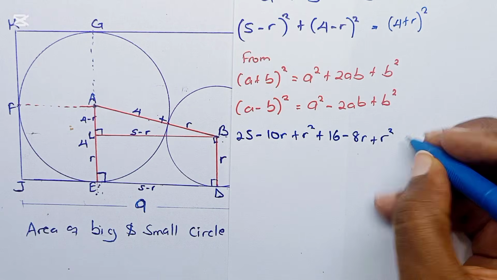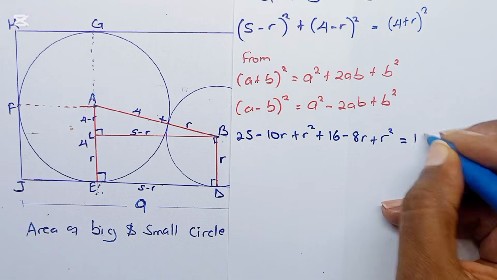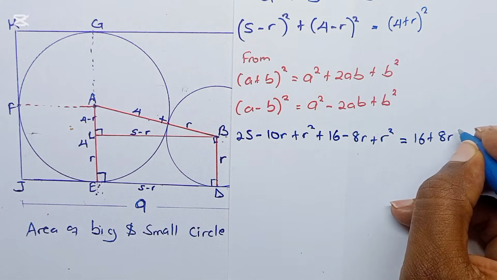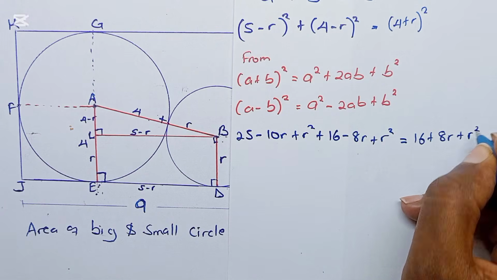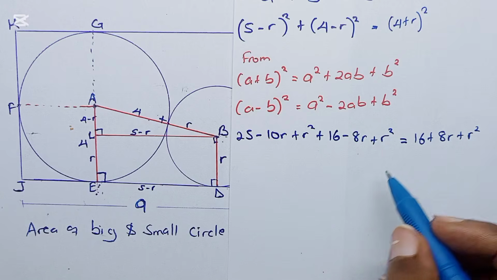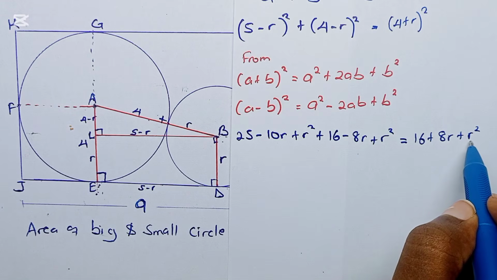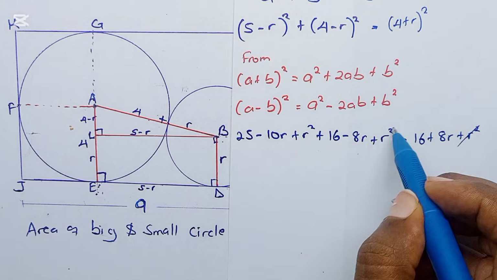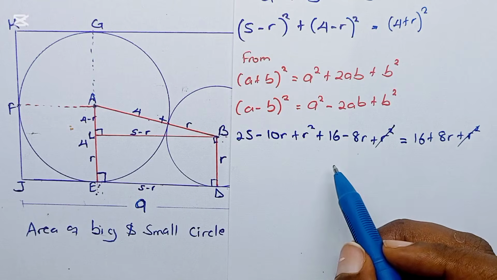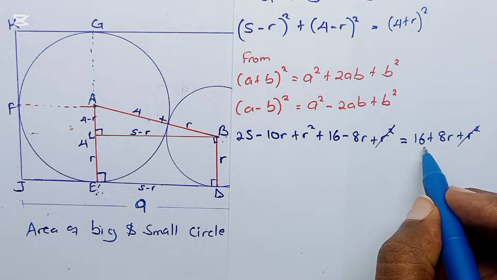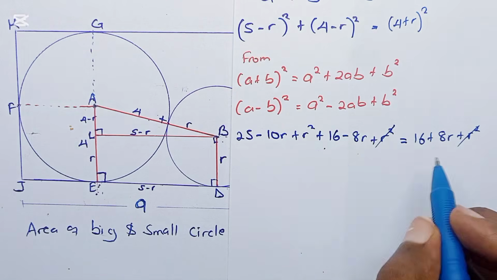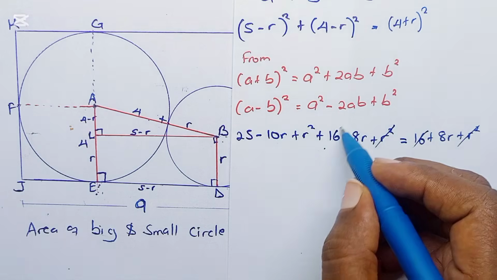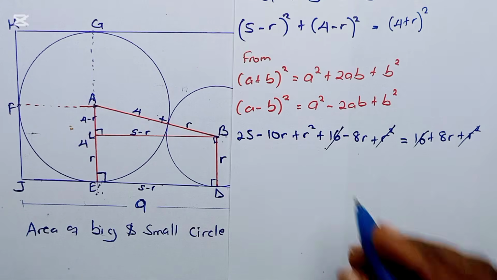Then this one here will be 16 plus 8R plus R squared. As you can see, if this R squared comes this side, it will cancel with this R squared. We have plus 16 and plus 16. If this crosses, it will cancel out with this.